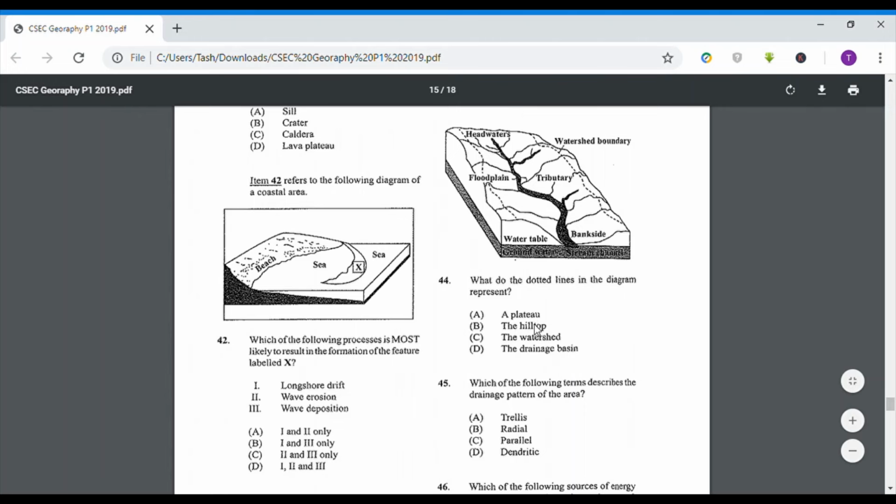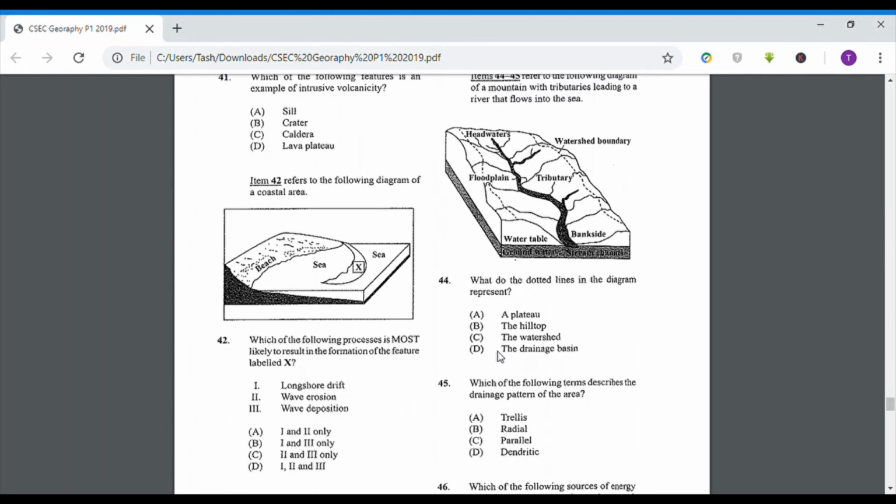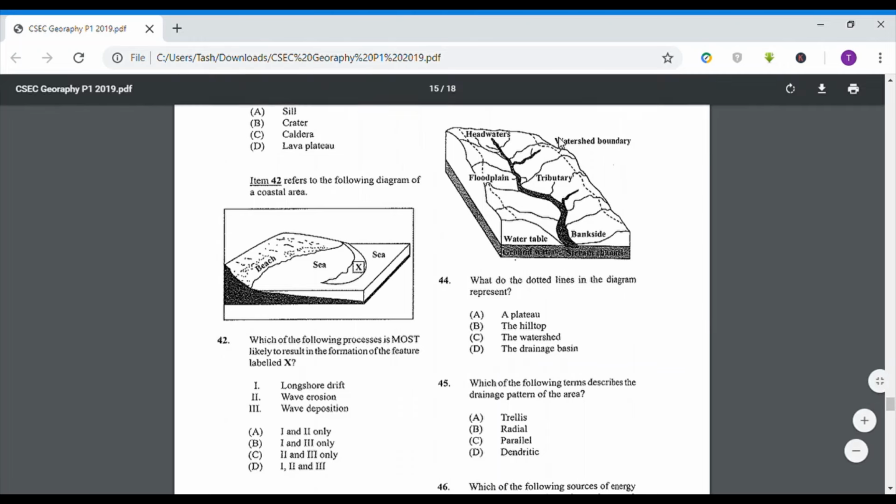It is not the hilltop either. It is the watershed. Drainage basin is the general area that is drained by the river, so that is not our response either. And even if you didn't know this answer, just by paying attention to the diagram where they had actually done the labeling for you, watershed boundary, you would need to just pick watershed for your answer.